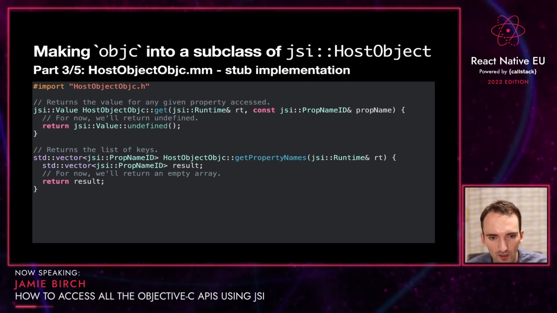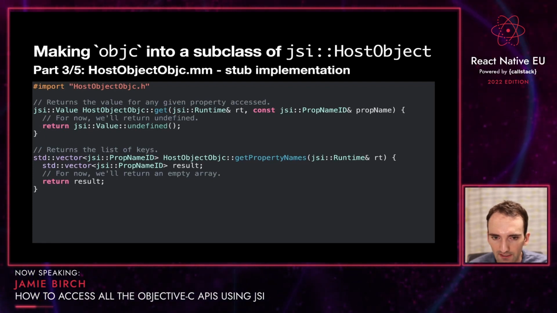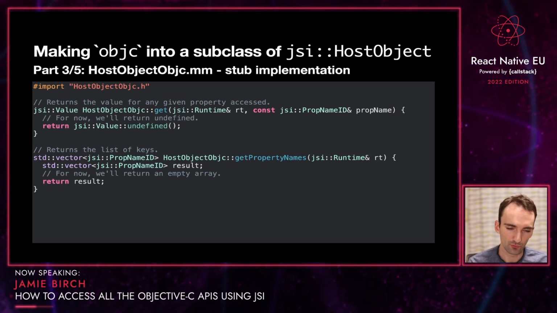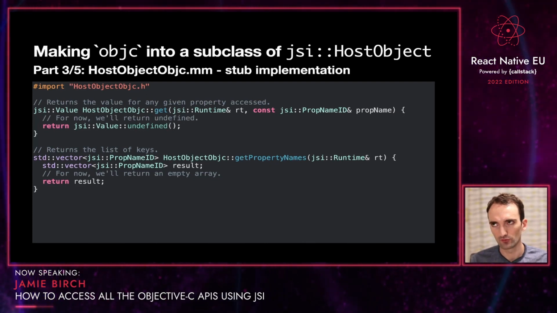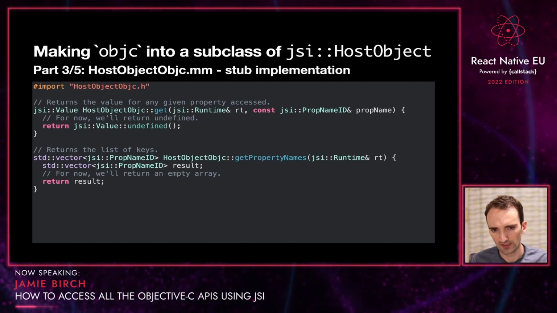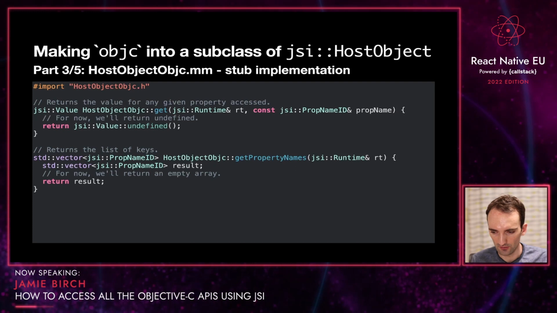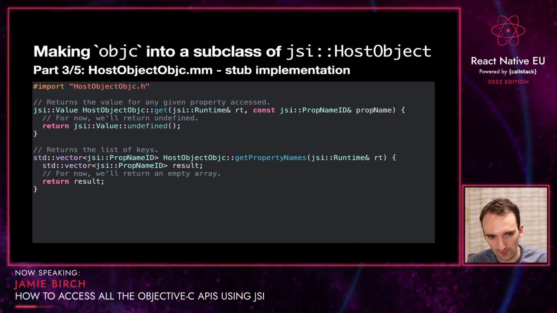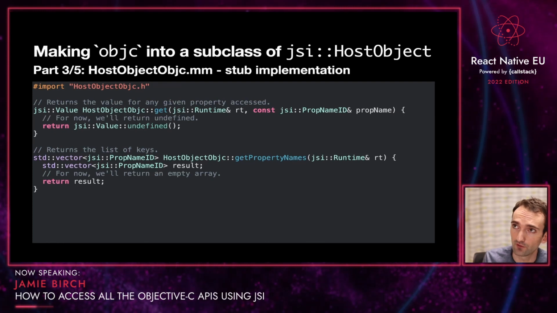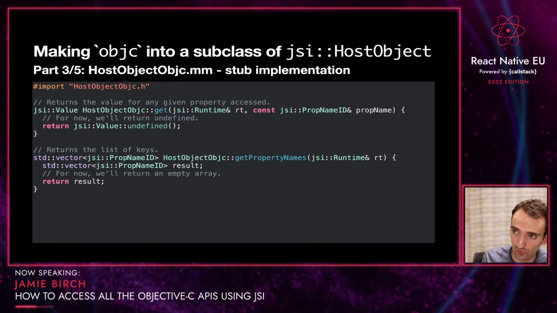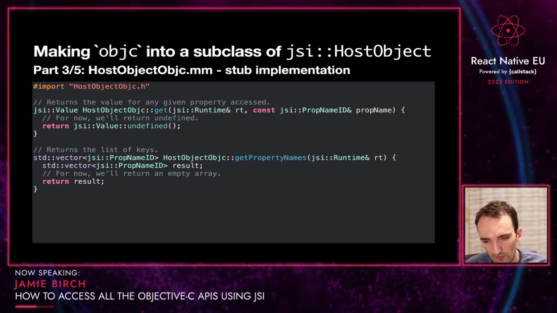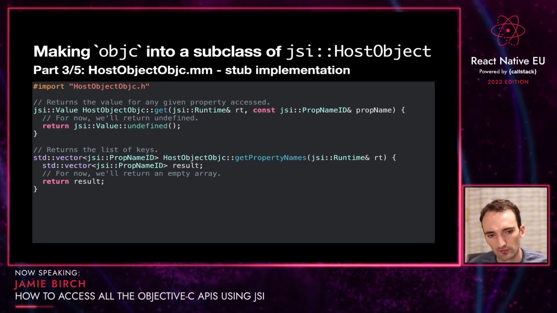And then the other API is get property names, and this defines the list of enumerable keys. So if you call Object.keys on this host object, it's going to list out everything that we've specified here. So we'll probably want to list out things like NSString to know you can call global.objc.NSString and get a wrapped up NSString on the JavaScript side.